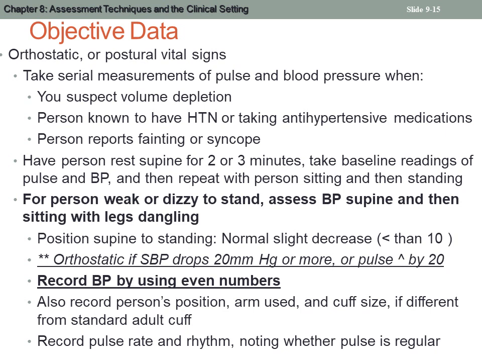The physician is looking for a change in blood pressure value or heart rate. We say they're orthostatic if there's a drop of 20 millimeters of mercury or greater in the person's blood pressure, or an increase of 20 beats per minute in the person's pulse.